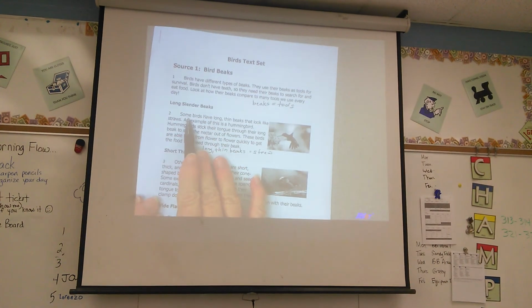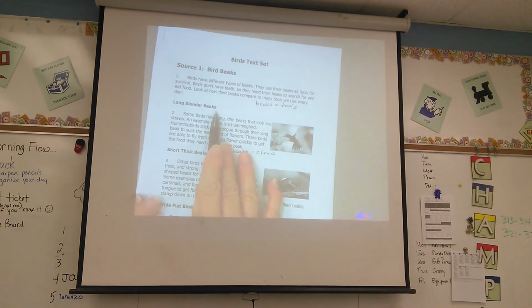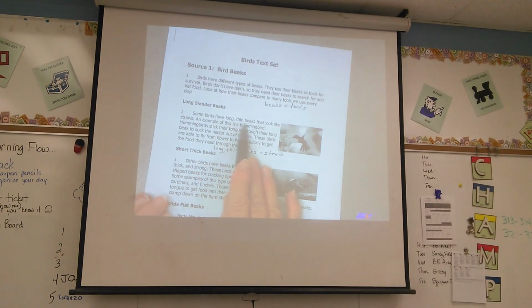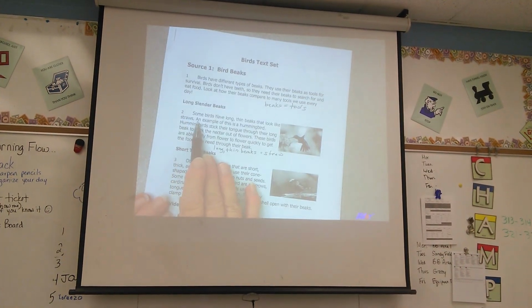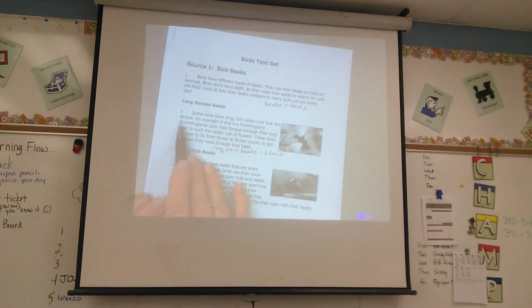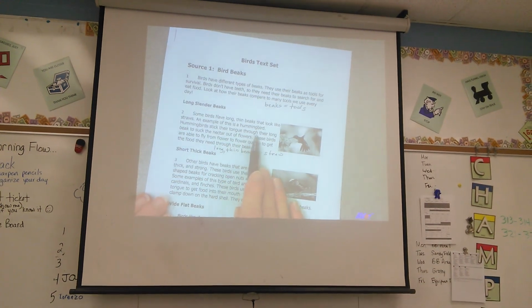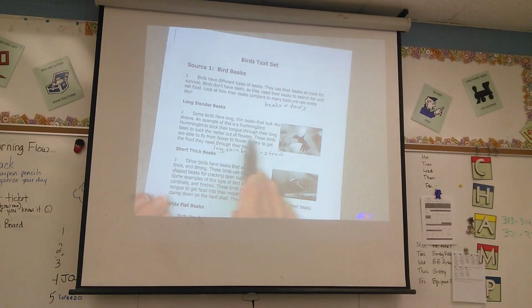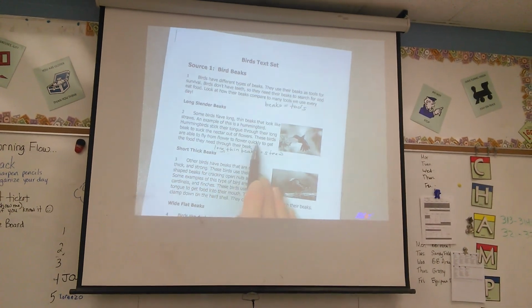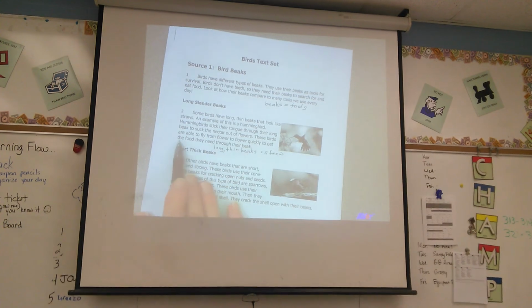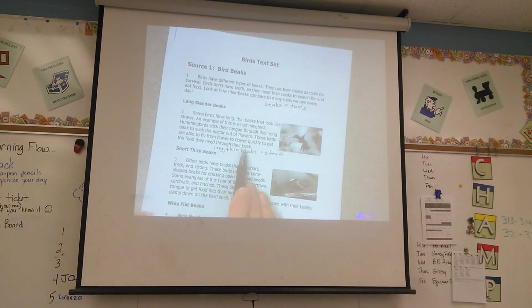So I know I'm going to want to talk about long, slender beaks. Some birds have long, thin beaks that look like straws. An example of this is a hummingbird. Hummingbirds stick their tongue through their long beak to suck the nectar out of flowers. These birds are able to fly from flower to flower quickly to get the food they need through their beak.